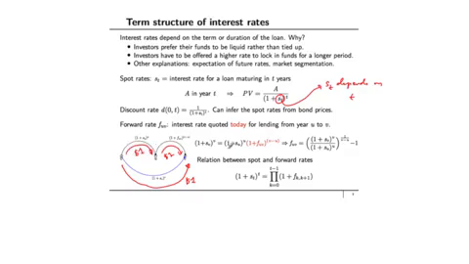So my initial dollar is going to be worth (1 + S_U) to the power U. This entire amount is now going to be lent at the forward rate. So if I lend it, I get (1 + F_UV) to the power V minus U at time V.